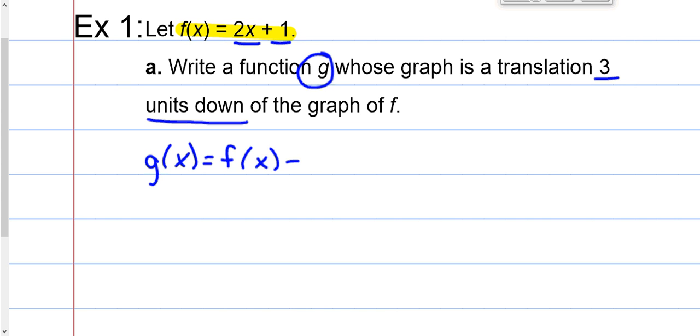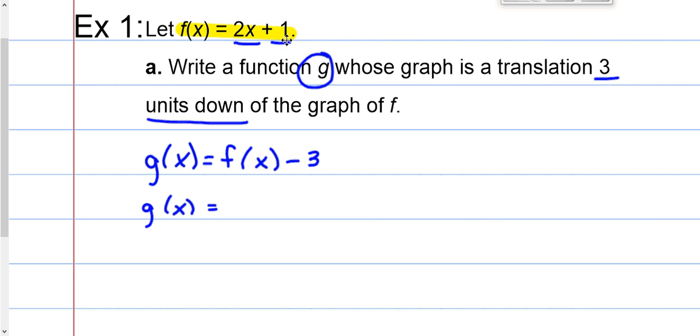So I'm just going to subtract 3 on the outside. That minus 3 on the outside, that's my vertical translation. Now, all I have to do is plug in what the f of x function actually is. So I could take any f of x function and move it down 3 by doing this.